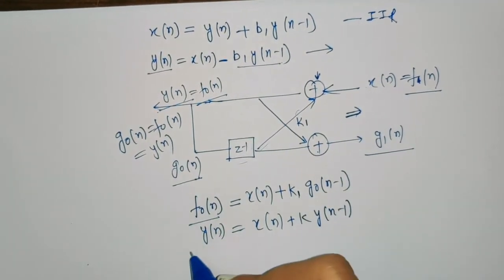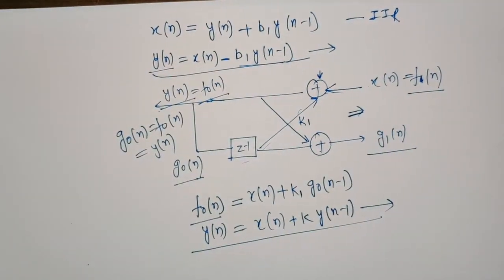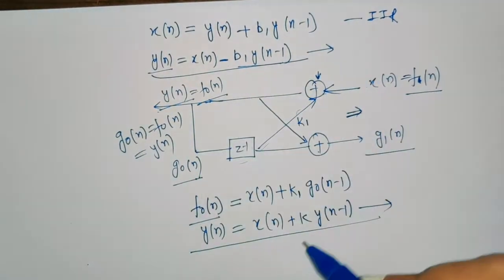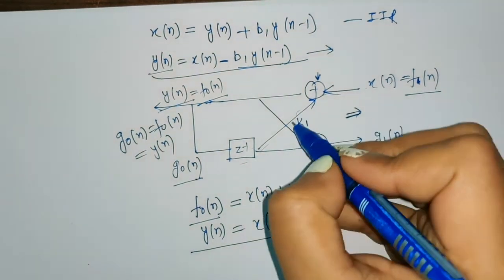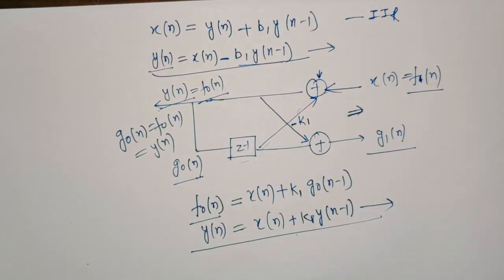But see, if you look at this equation and this equation, what is the difference? These two equations should be the same. So what is the difference? Here the coefficient is minus, here the coefficient is plus. So what we can do is simply apply the coefficient minus k1 here.